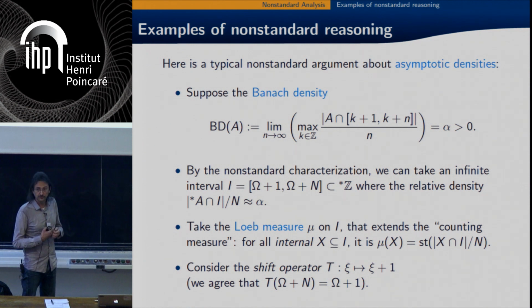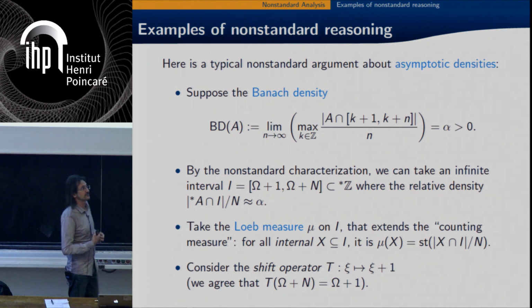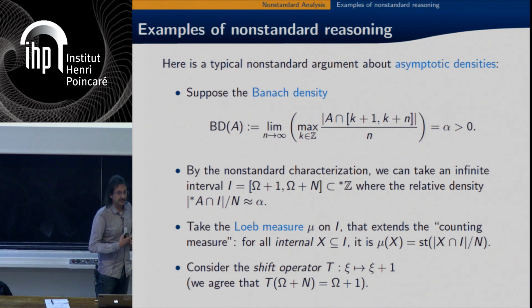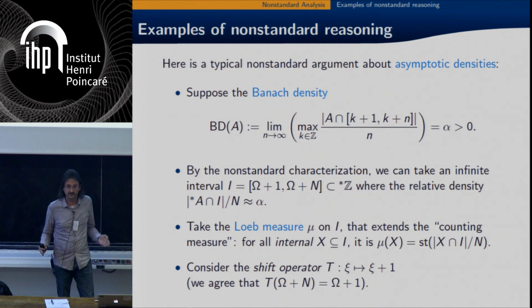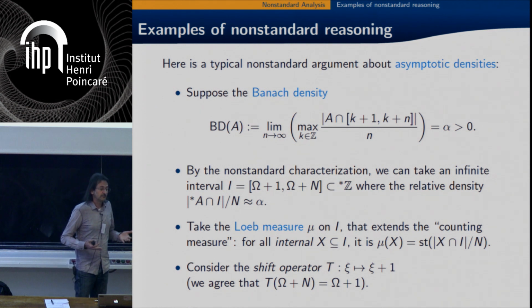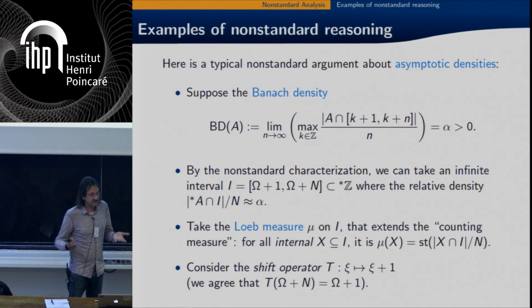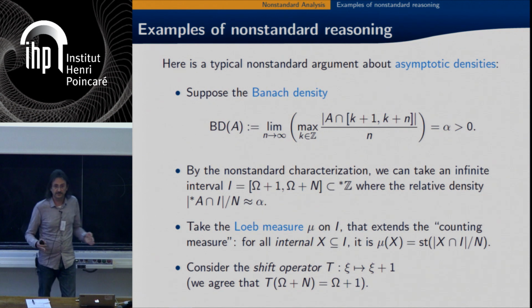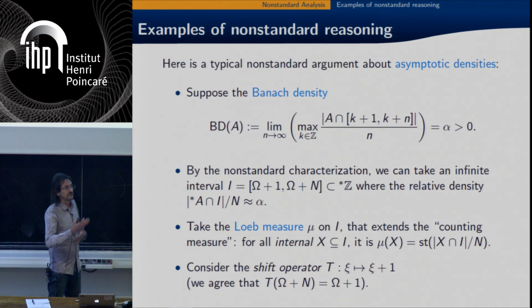A typical tool from non-standard analysis is the Loeb measure, which is a measure that extends the so-called counting measure. Counting measure means that since we are working in a hyperfinite setting, to several extents it's just like working on a finite set. So we have simply the ratio of elements we have divided by the number of elements.